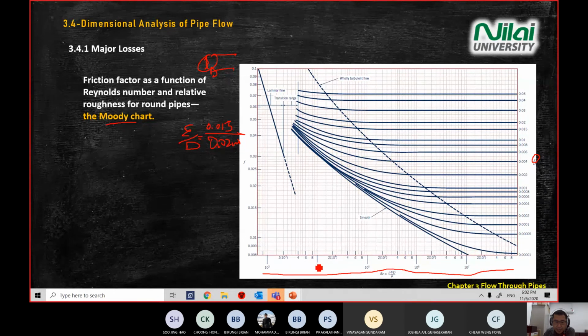This line is 10 power 3 but you simplify it to become 10 power 4. And then this is 2 times 10 power 4, 4 times 10 power 4, 6 times 10 power 4, 8 times 10 power 4. This is 10 times 10 power 4, or 10 power 5. Don't read the wrong line.